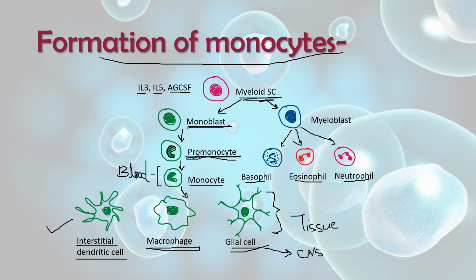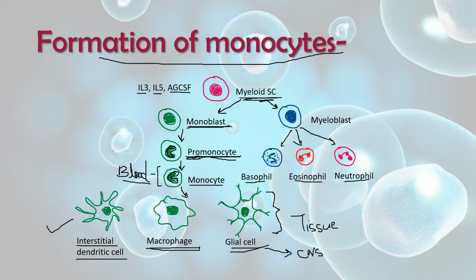The promonocyte is the primitive cell and is not functional at this time. The nucleus is slightly notched, and this promonocyte is differentiated into monocytes, where the nucleus is very much U-shaped or notched, and this monocyte is functional in the blood.